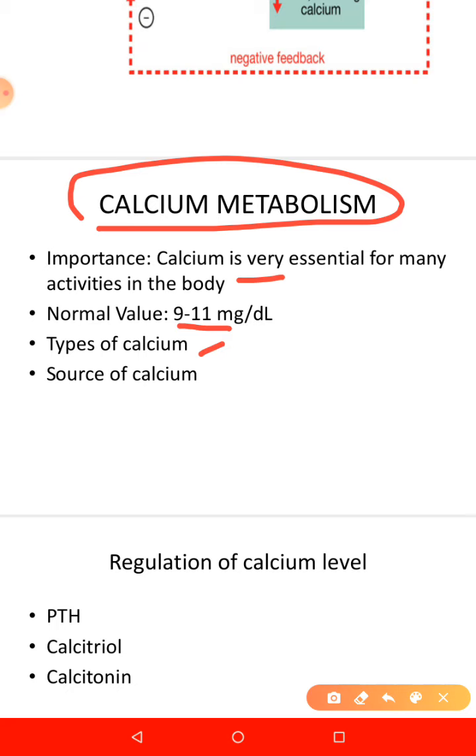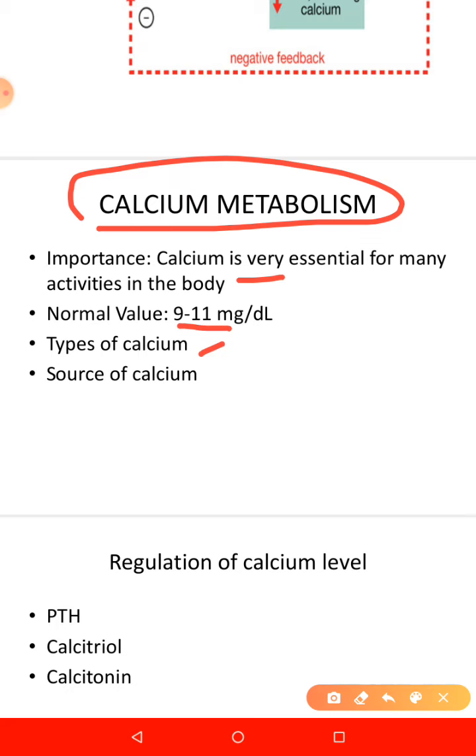The calcium in plasma is present in three forms. We have ionized or diffusible calcium, which is Ca2+. This is found freely in plasma and forms about 50% of plasma calcium.